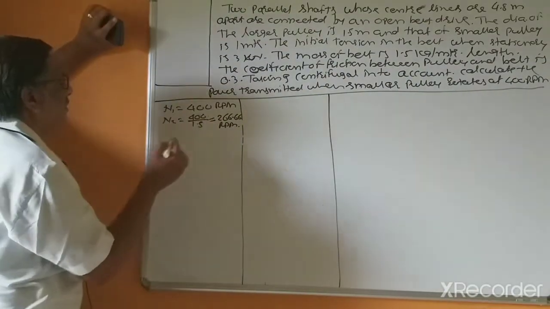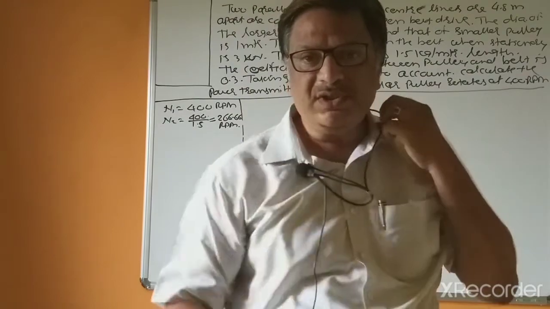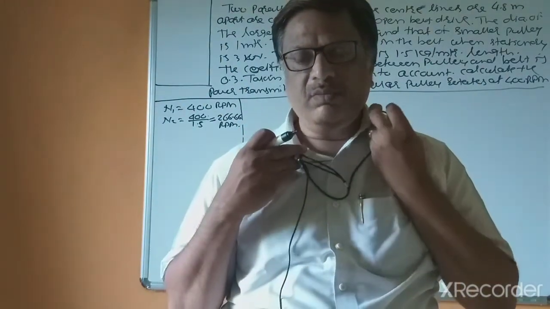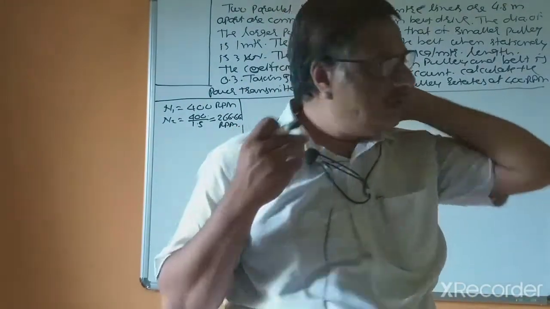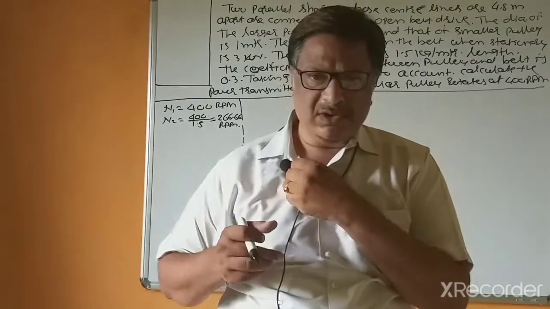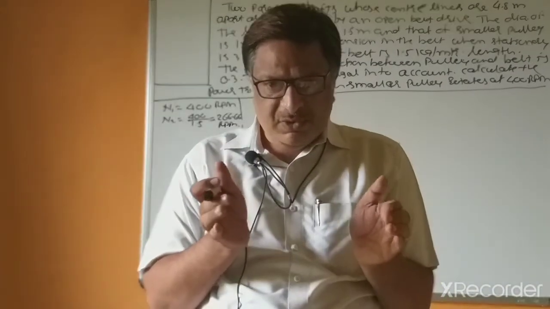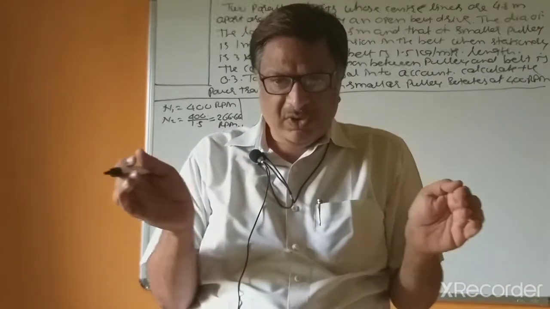So what is meant by the initial tension? Initial tension means during the mounting of the V belt or flat belt. After mounting, for initial tension, the center distance between the two pulleys is to be increased.